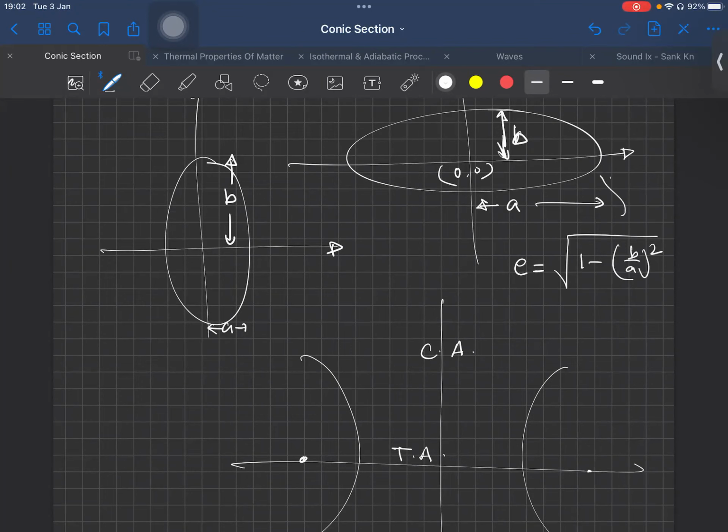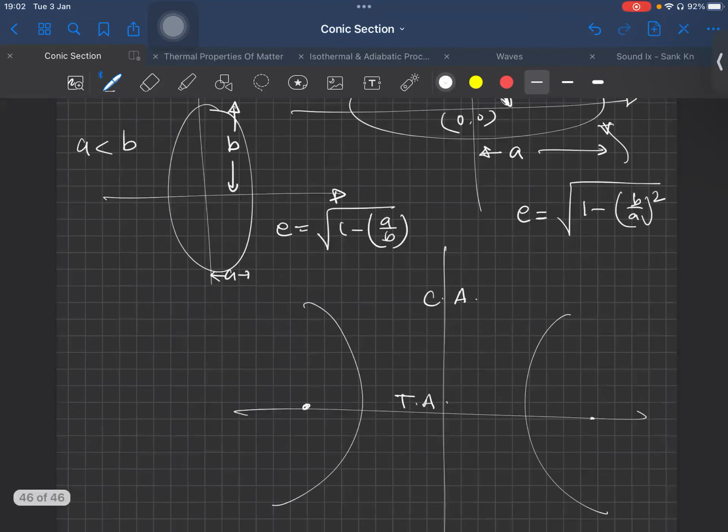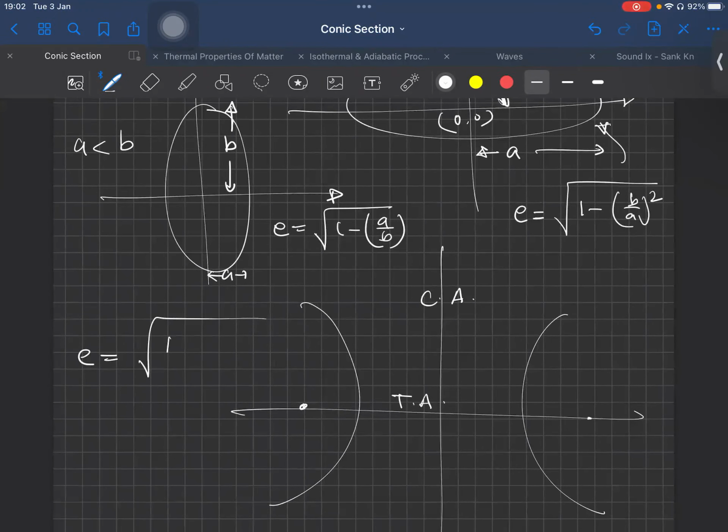For this ellipse, and here e is equal to the square root of 1 minus (a by b) whole square, because a is less than b. Here b is less than a. Now in case of hyperbola, eccentricity is equal to the square root of 1 plus (b upon a) whole square, right?